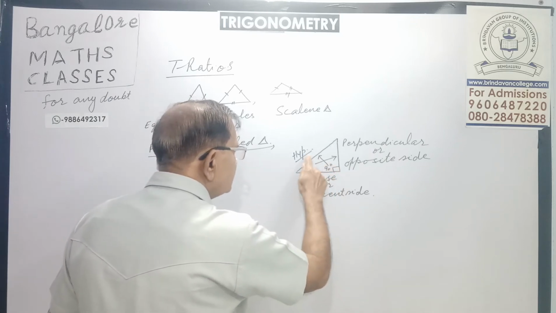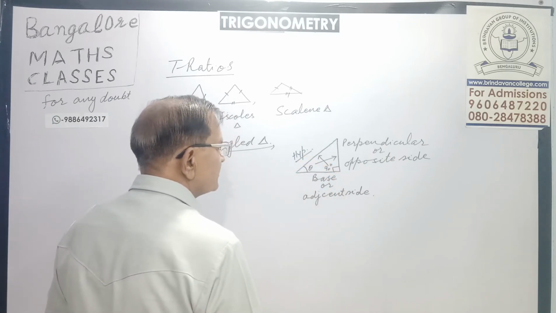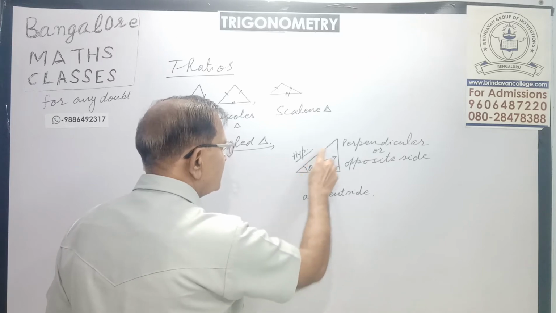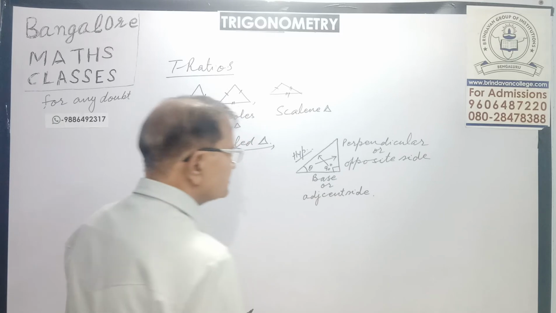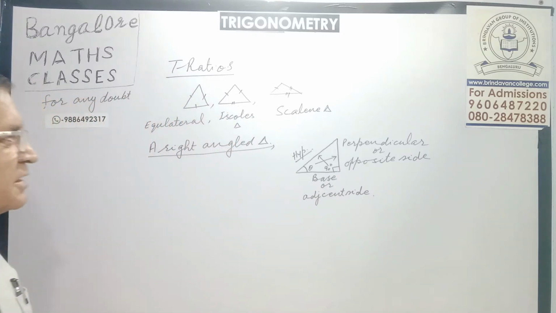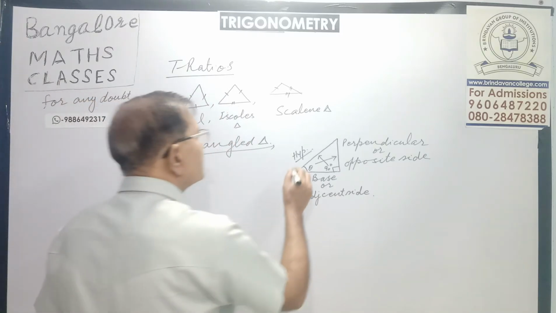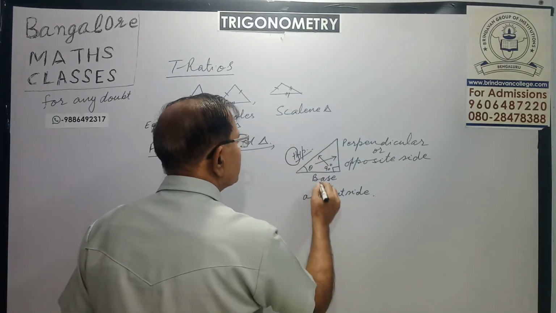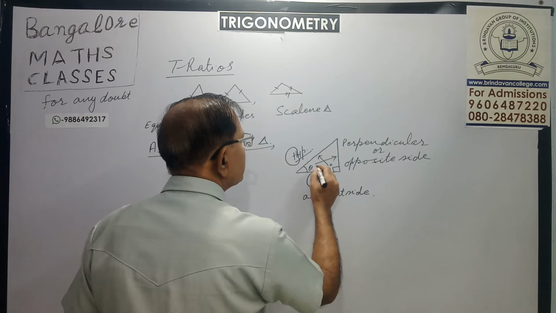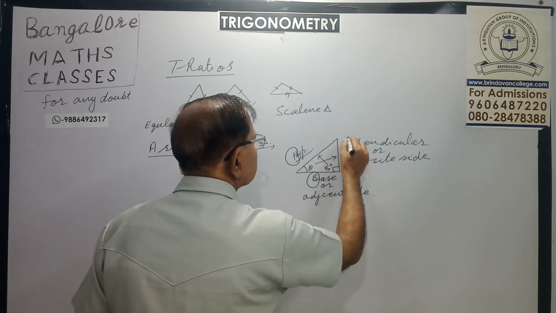Side facing 90, we call it as hypotenuse. Third side, which is with the hypotenuse and the angle, we call it as base or adjacent side. So thus we have got three sides: hypotenuse H, base B, perpendicular P.